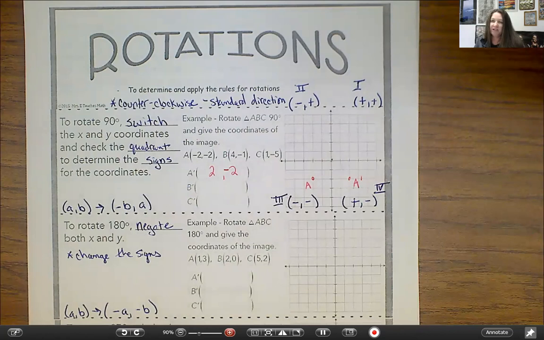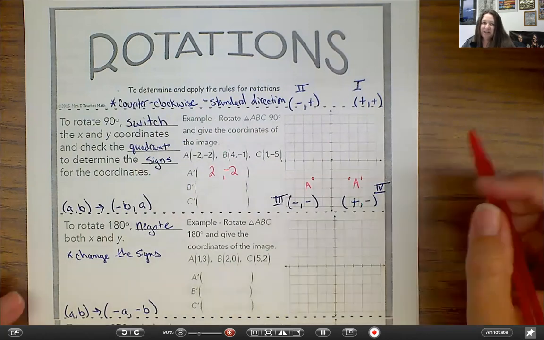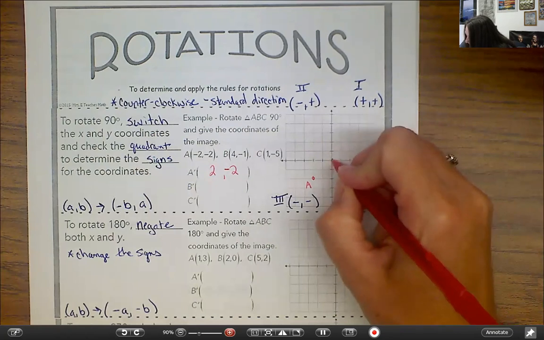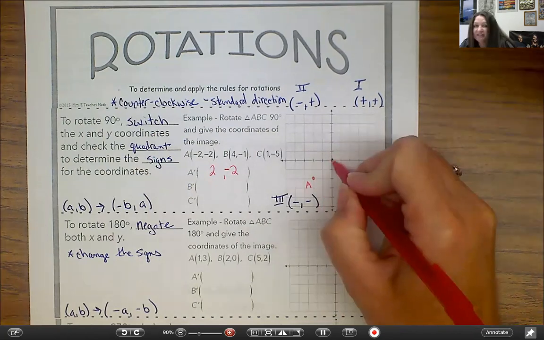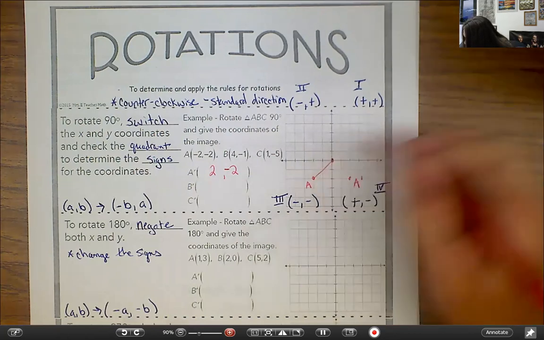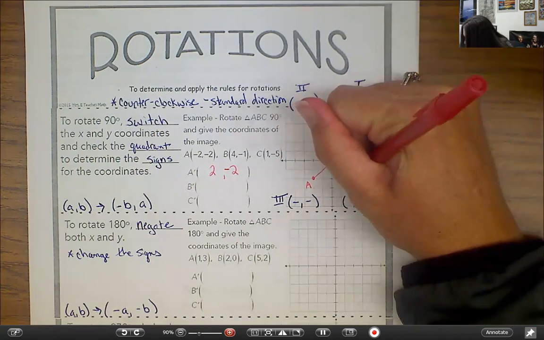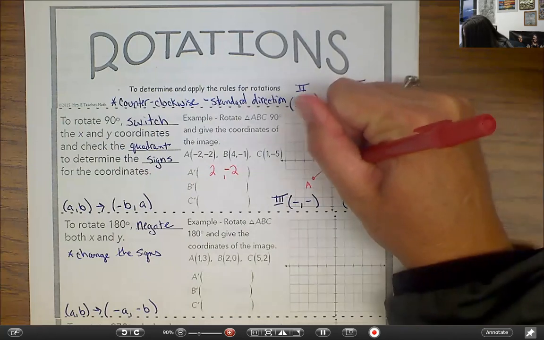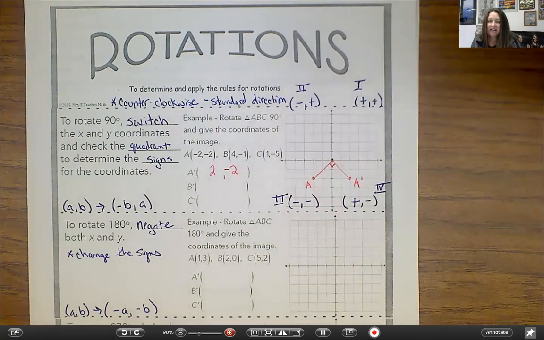Now, what I want you to recognize is exactly how that 90-degree angle is being created, because it's rotating 90 degrees. If you were to take A and connect it to the center of the graph, which is the origin, and then connect to A prime, you're going to notice that we rotated or turned that 90 degrees total. So there's the 90-degree angle.